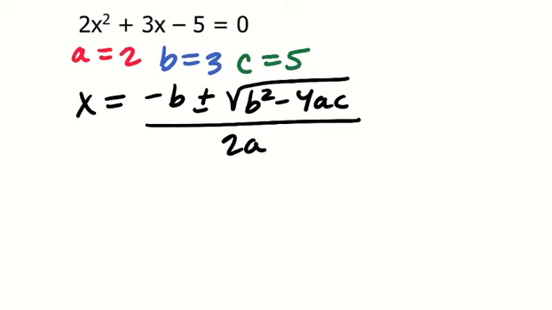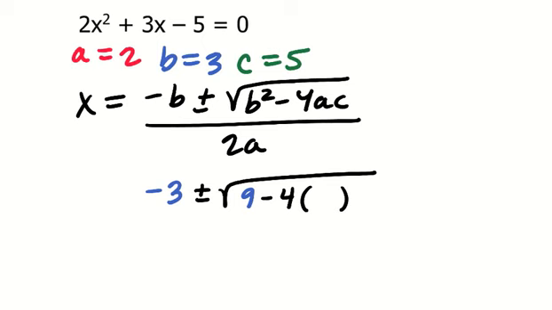Okay, so I'm going to plug in these pieces. Negative b is going to be negative 3 plus or minus the square root. B squared is 9 minus 4 times a is 2 and c is 5. Oh, no, c is negative 5.